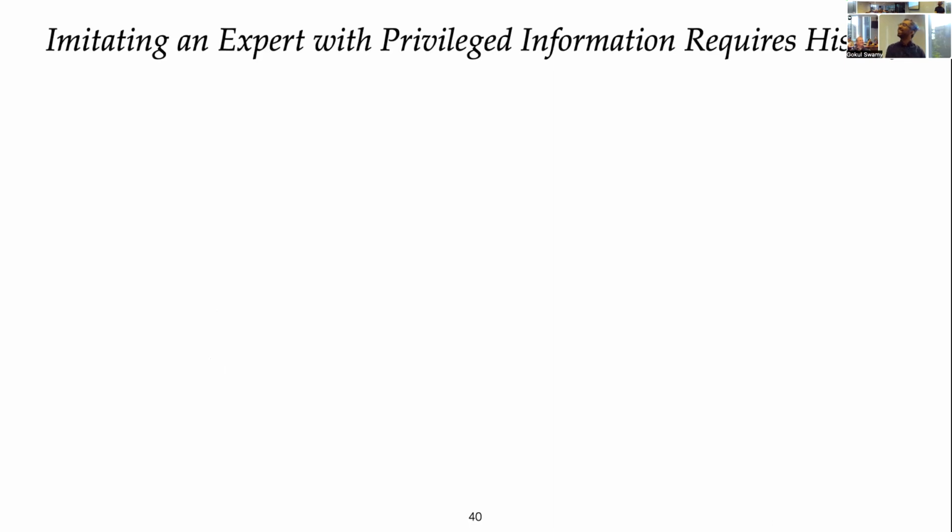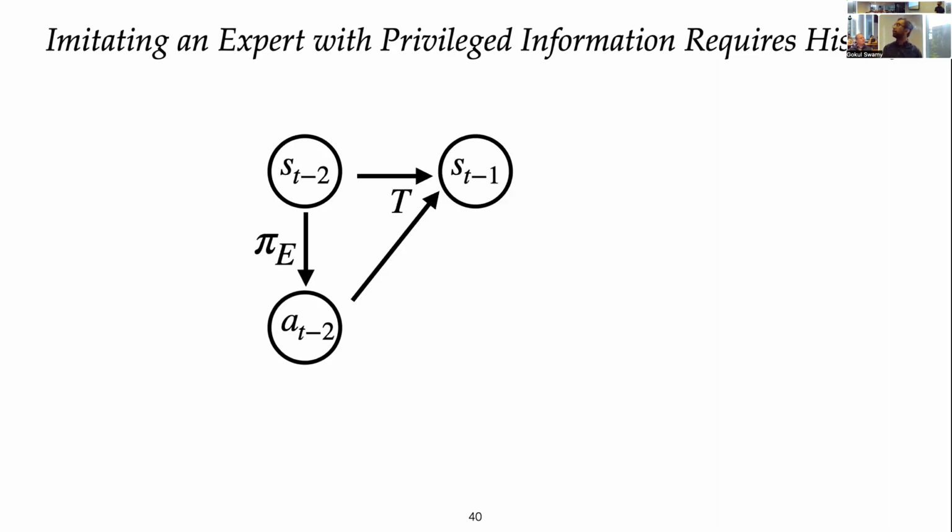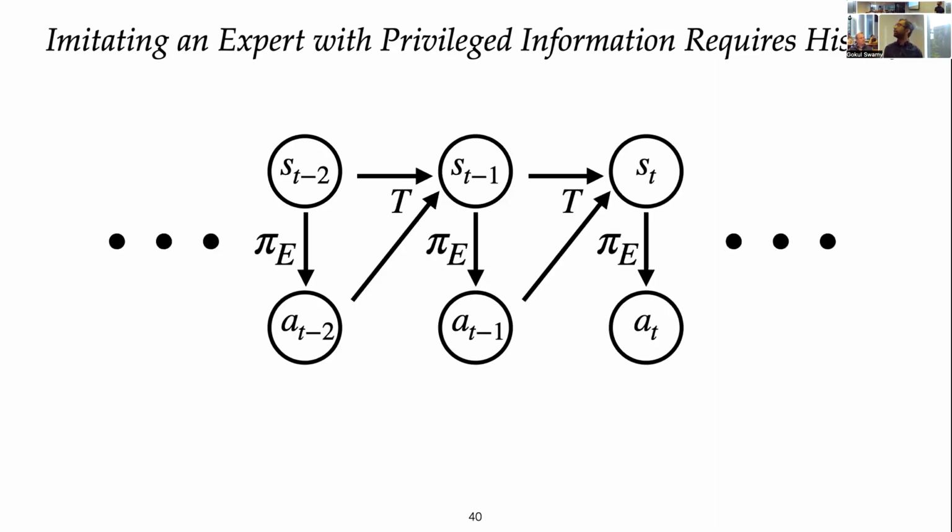No one did. So broadly, the problem we're trying to solve here is imitating an expert with some sort of privileged information. I'm going to try and argue that it requires history. Let's say there's some state, the expert responds to it, giving us an action, and the MDP transitions to the next state, and keeps going on. And let's say there's some special element of the state, let's call it C here, that the expert observes and uses to guide their actions, but the learner doesn't.